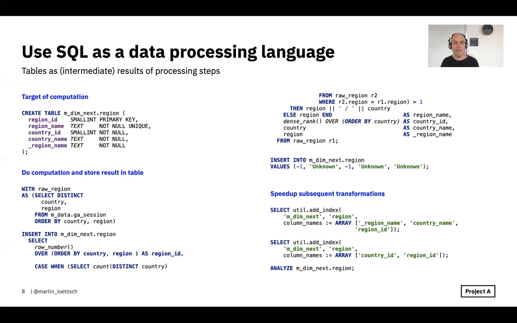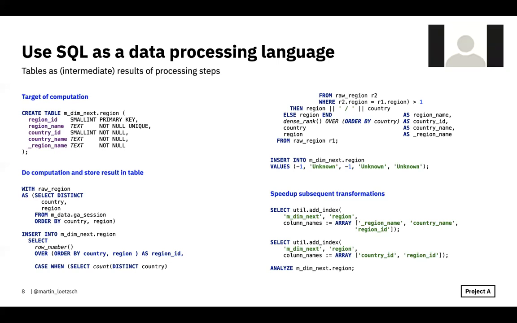And if there is a bug, then you can just run the CTE that gets the raw regions and see what's the problem. And having an intermediate table allows you to see what the output is by just using your favorite database client and querying the results to see what's in that table.